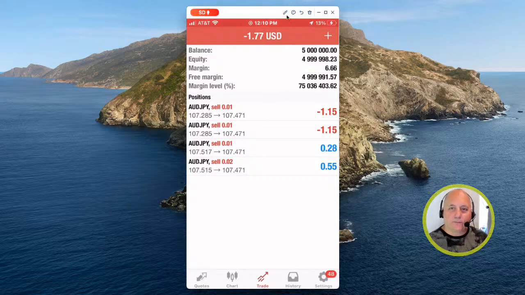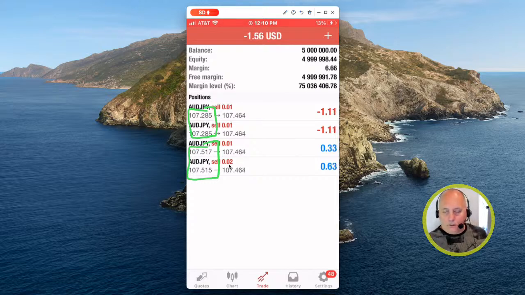You'll notice that it jumped into AUDJPY. Why can't I draw here? AUDJPY at the same price twice, and then at the same price twice, basically. So there's probably only two in the system, but I'm like, whatever, let this thing figure itself out, and it will.